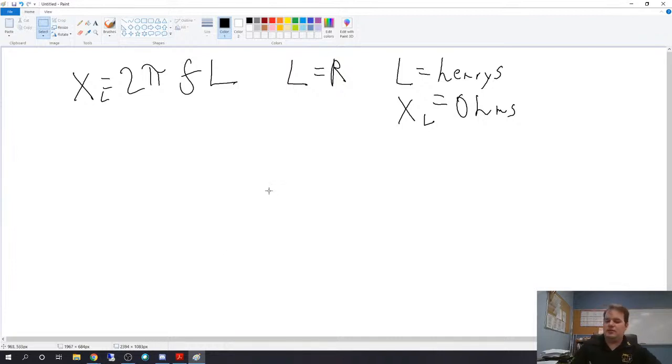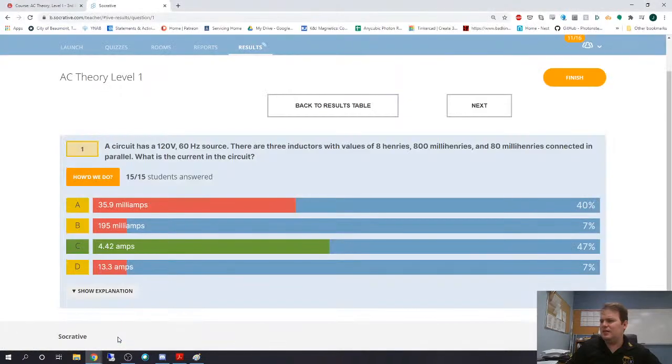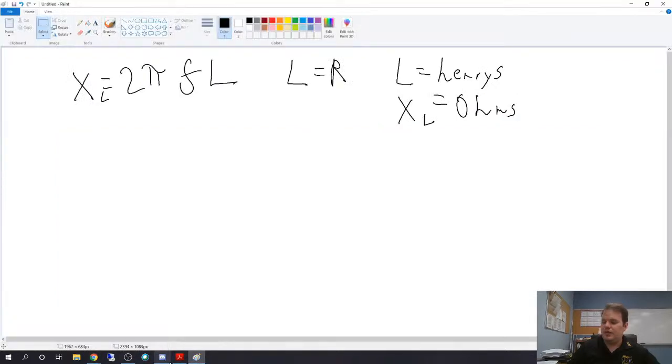So we're going to plug all of our henries into a reciprocal method. So that's 1 over 8 henries.